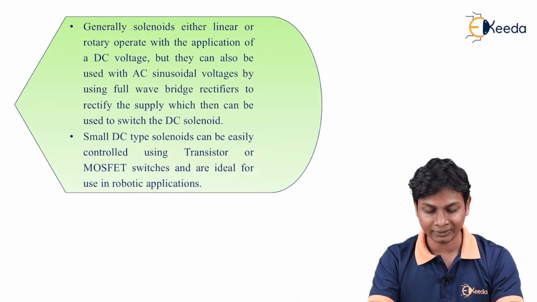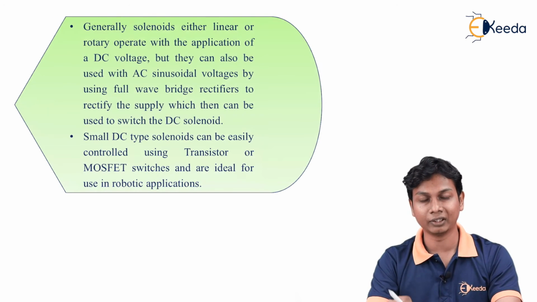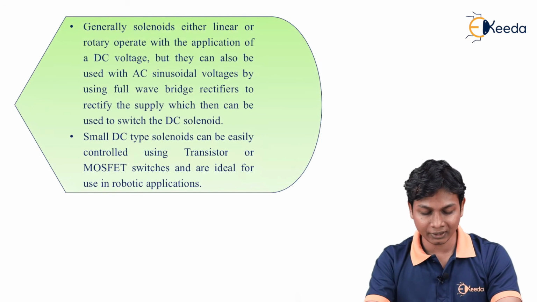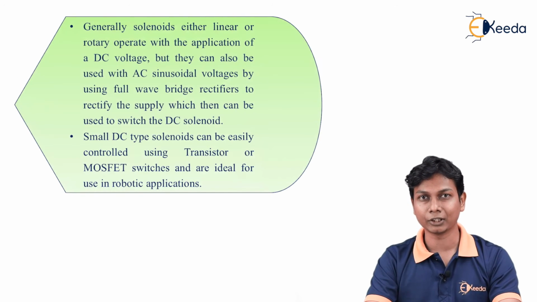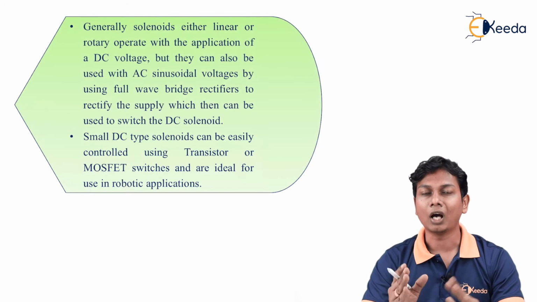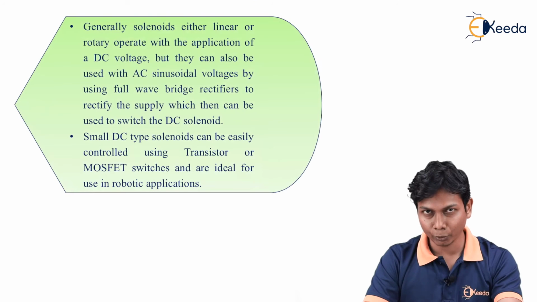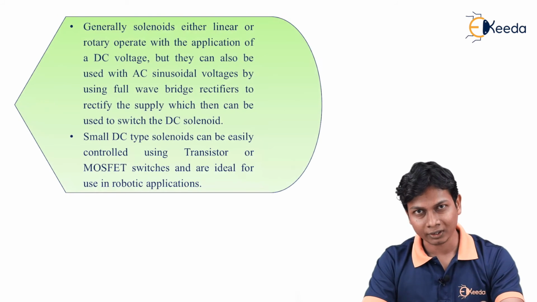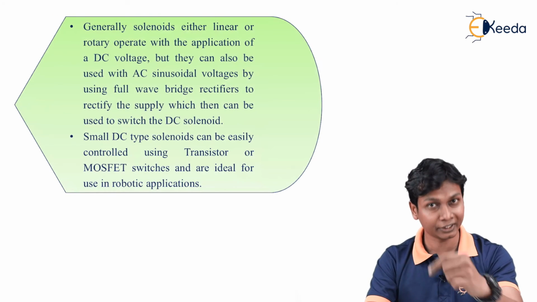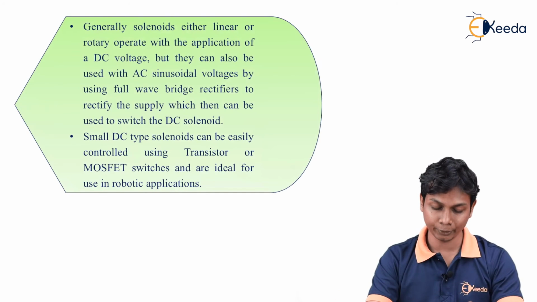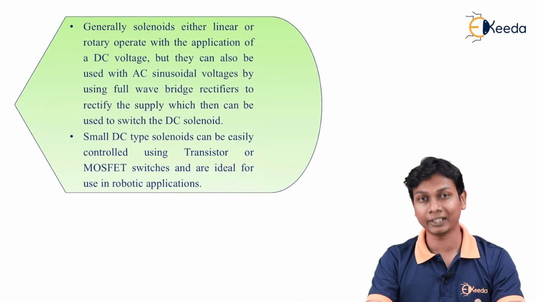Small DC type solenoids can easily be controlled using a transistor or MOSFET switches, which are ideal for robotic applications. As you know, a solenoid can be used for pulling, pushing, linear motion, angular motion or oscillatory motion. All these motions are used in robotic applications.